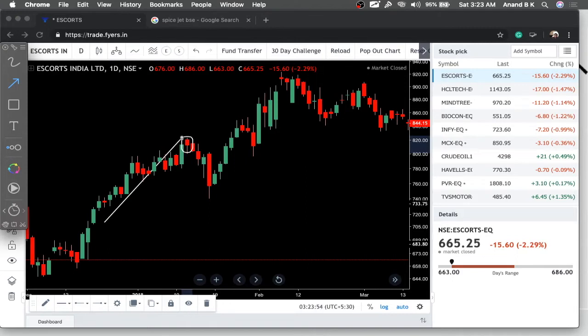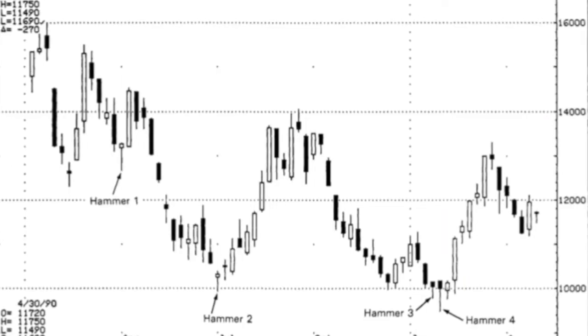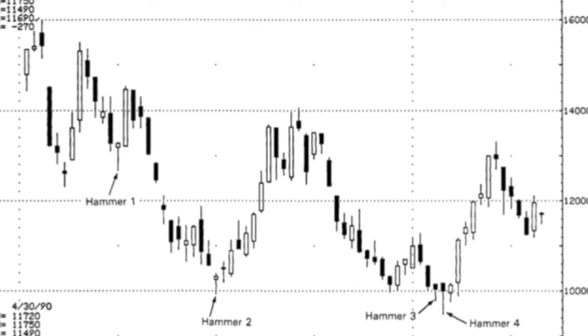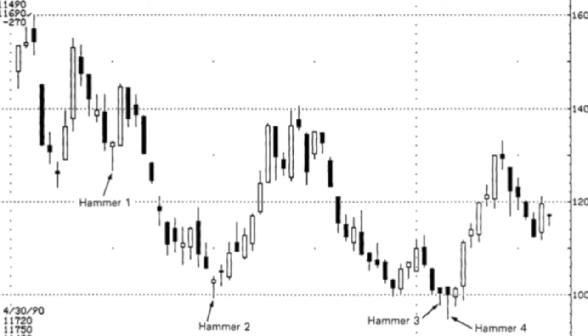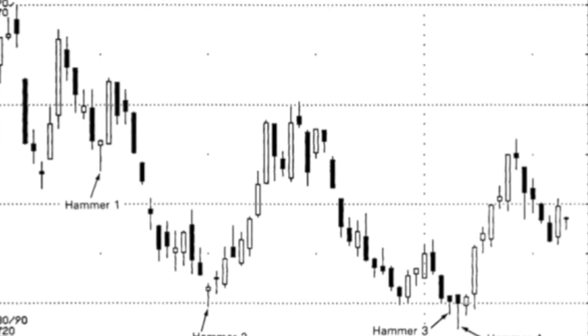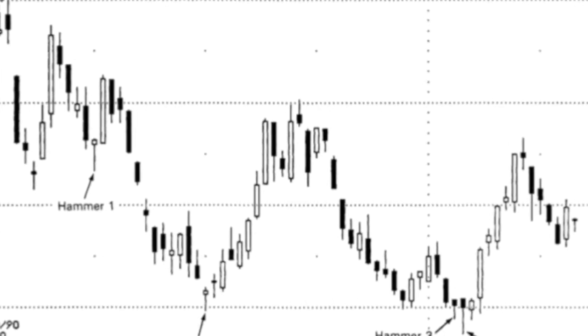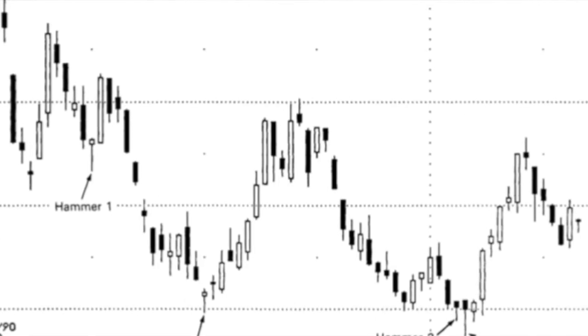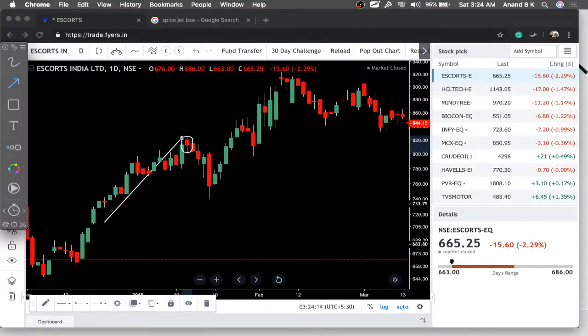These are very important factors, otherwise we might identify them completely incorrectly. The real body is at the upper end of the trading range. The color of the real body is not important. The long lower shadow should be twice the height of the real body. It should have no or a very short upper shadow.